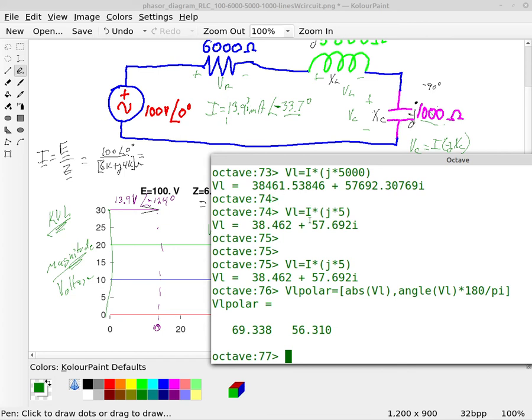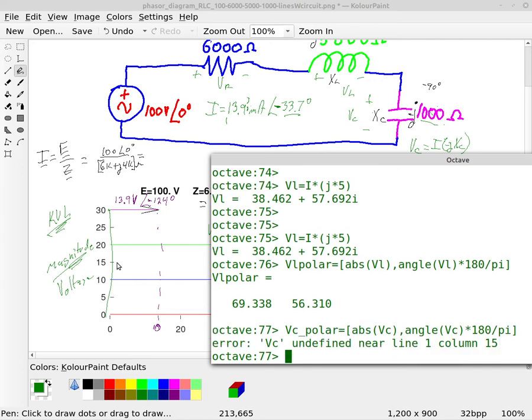All right, so if we look at the voltage VC in polar form, apparently I must have wiped my VC somewhere.